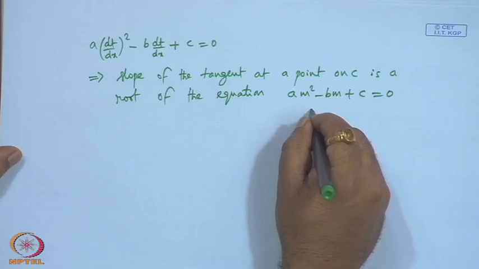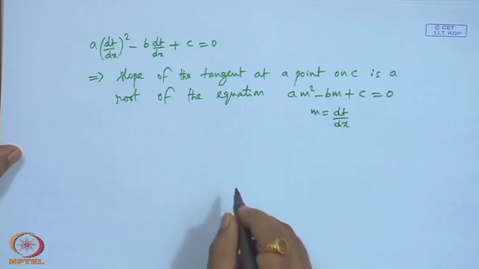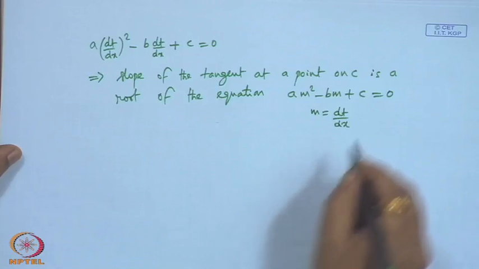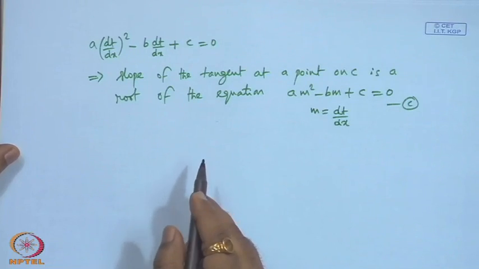Of course, m is dt by dx. Okay. So, this is say C, right.